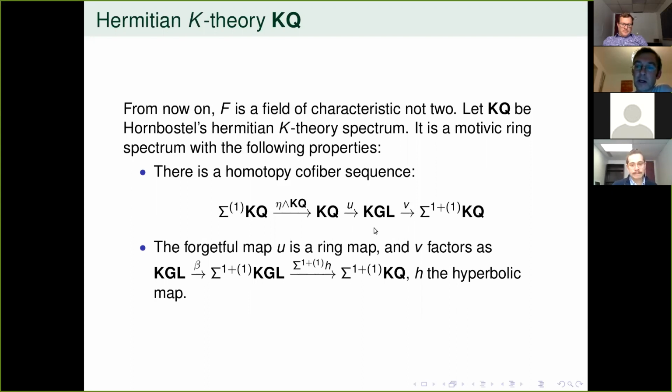So you can think of algebraic K-theory as the cone on multiplying with the Hopf map on Hermitian K-theory. And the maps that come up there are then the forgetful map, so you forget quadratic forms and only keep the vector bundles. And if you have just a vector bundle, you get the associated hyperbolic space from it. You take a direct sum of the vector bundle with its dual, and then there's a canonical hyperbolic form. This gives you the other map.